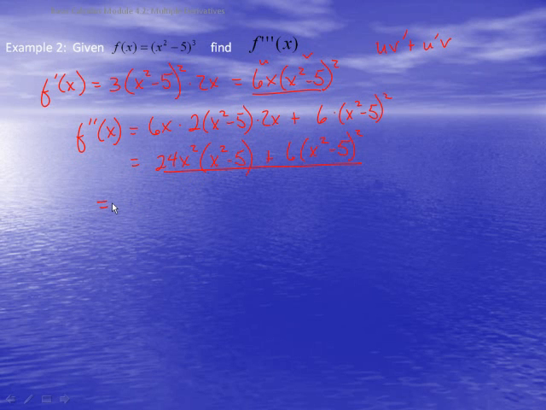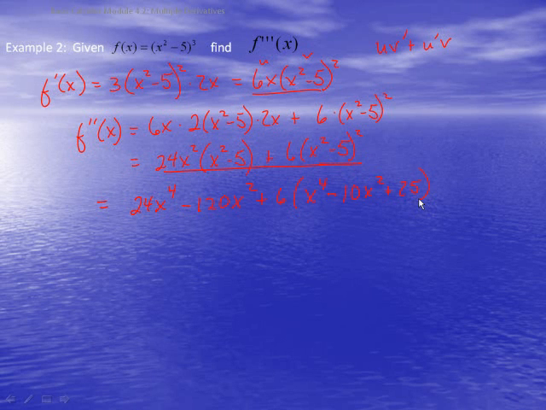So I'm going to multiply 24x squared times x squared, so it'll be 24x to the fourth, and 24x squared times the minus 5, which will be minus 120x squared, so that's going to make that one easier, plus, and I'm going to do full in here, so that'd be 6 times x to the fourth minus 10x squared plus 25.